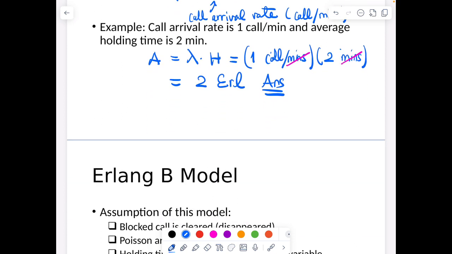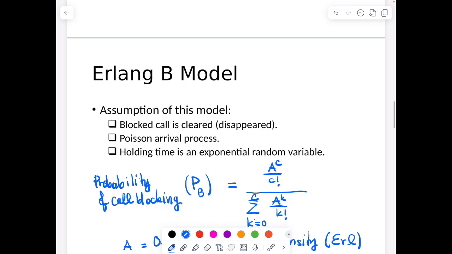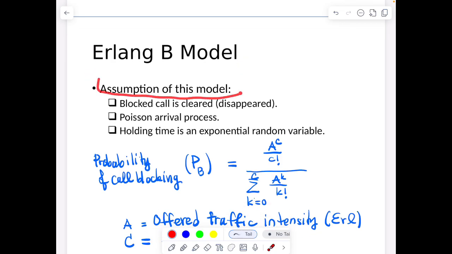Okay. So with this in mind, we are able to move to how we predict blocking probability. So we have to assume a certain model of the traffic. And in this class, we will use what we call the Erlang B model. Okay, so what is the Erlang B traffic model? Here's the assumption of this model. First, whenever a call is blocked, that call will be cleared or disappear from the network.